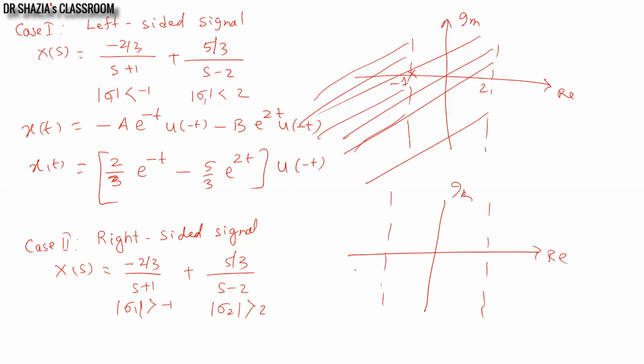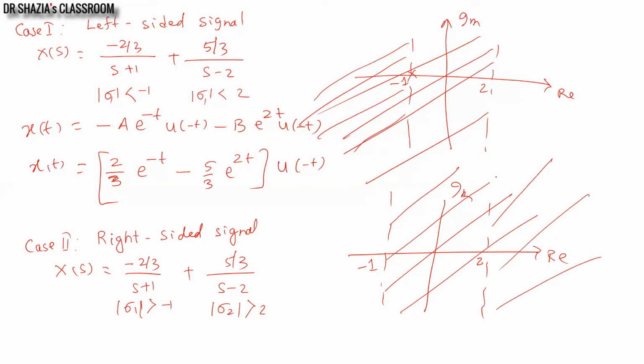These are the poles, -1 and 2. As it is a right-sided signal, the ROC is greater than -1, and the ROC for the second signal is greater than 2. So if I write the common ROC, it will be greater than 2 in this case.